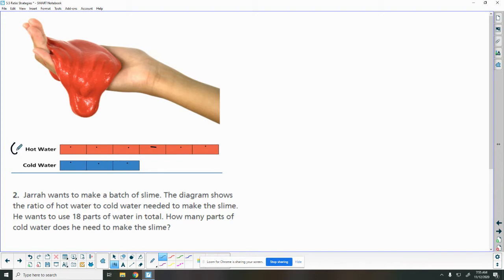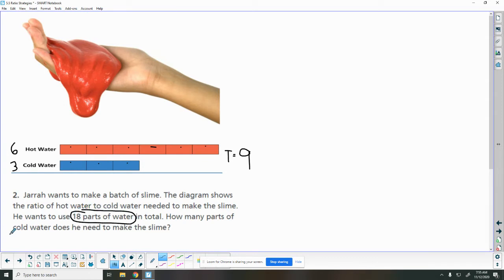So I know I need 6 hot waters and I need 3 cold waters. That means I also need to find the total amount of water. So when I have 6 parts hot and 3 parts cold, 6 plus 3 is 9. So he wants to use 18 parts of water total.